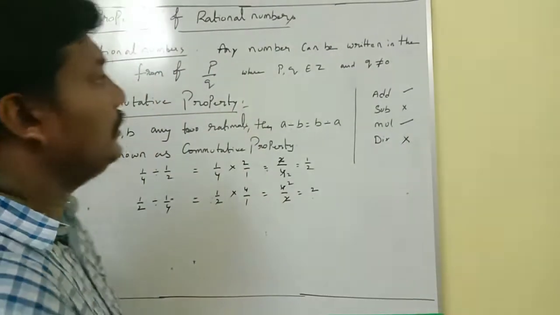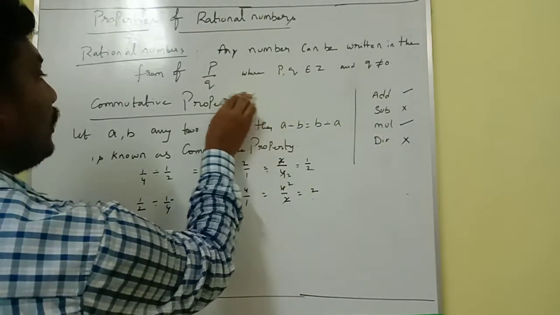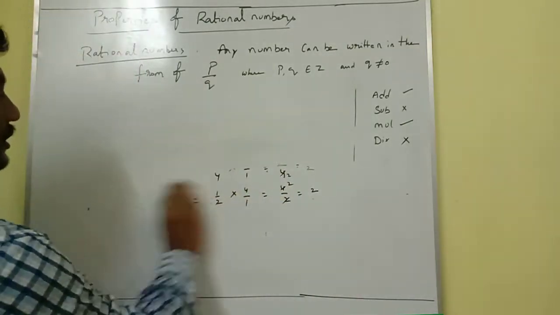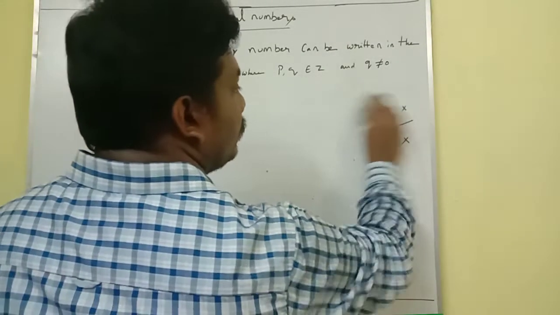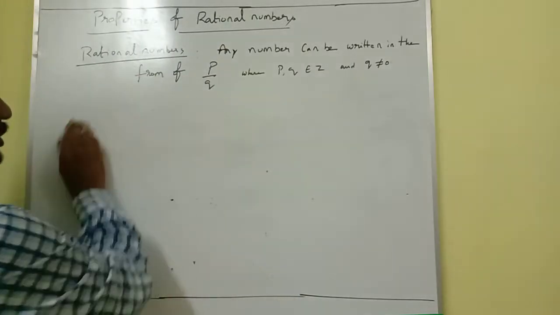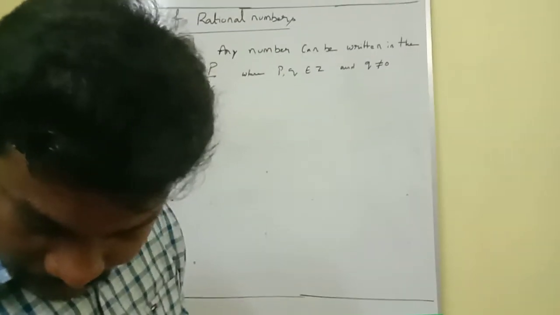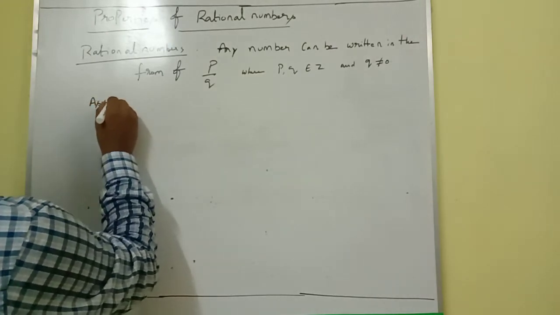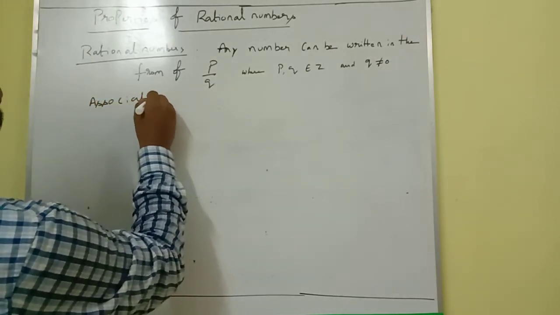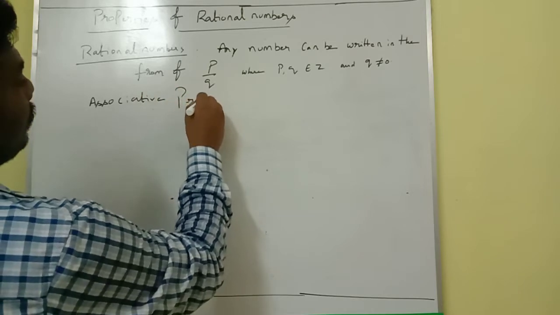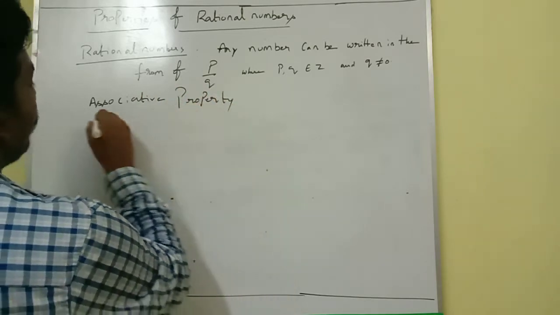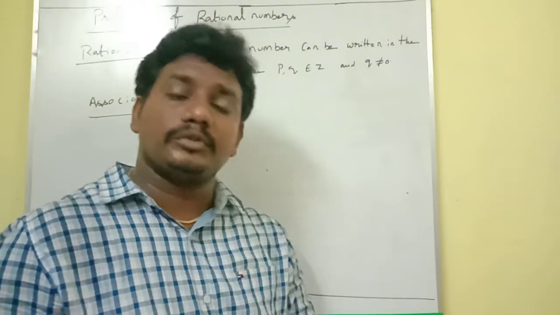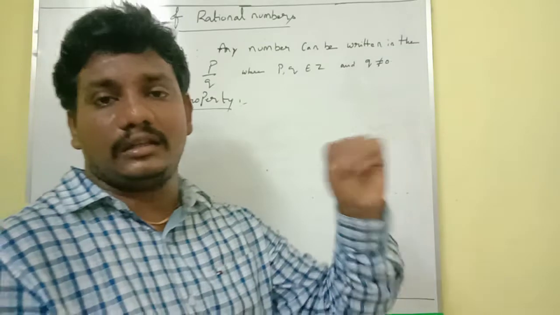Now we go for another property, called the associative property. What is the associative property? Very simple. To check the associative property, we should consider three rational numbers.